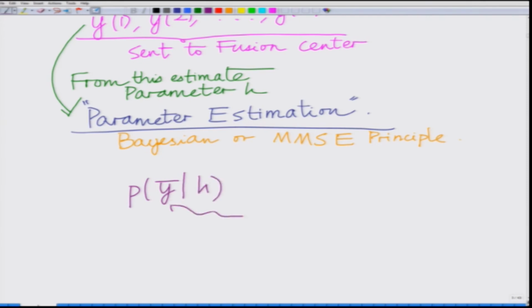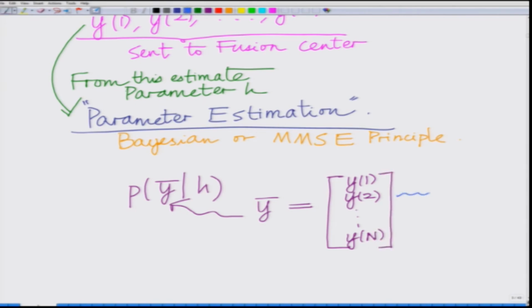What is this? Y bar is basically your vector of observations y1, y2, yn. This is known as the vector of observations, or simply known as the observation vector.